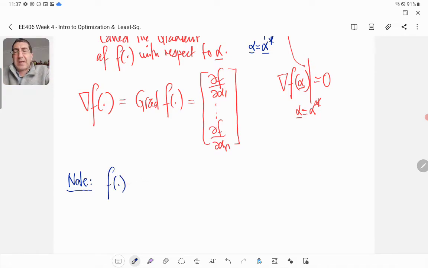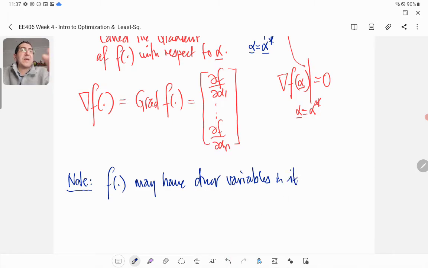So f sometimes can have other variables in it, but you basically define the problem in terms of a subset of variables. So you concentrate on them. The gradient is with respect to them. All the rest of the variables are assumed to be constants.